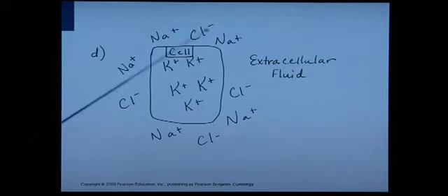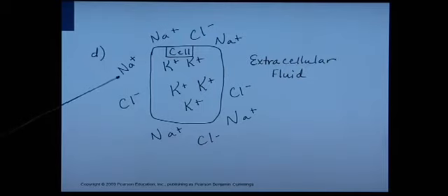There's a whole bunch of sodium outside the cell, and there's also some chloride outside the cell as well. And inside the cell, we've got potassium. Potassium is largely found inside the cell.